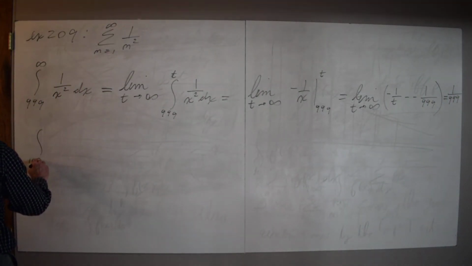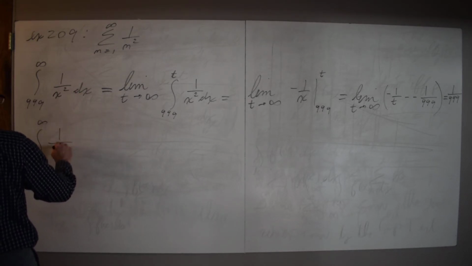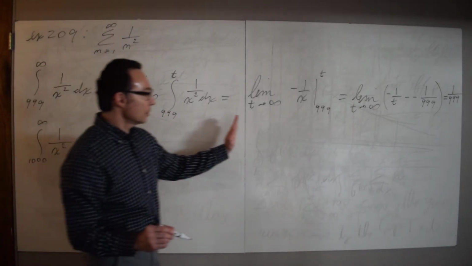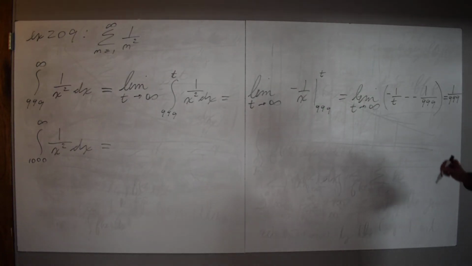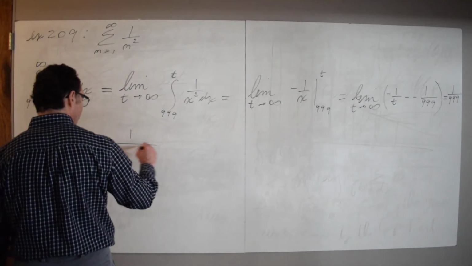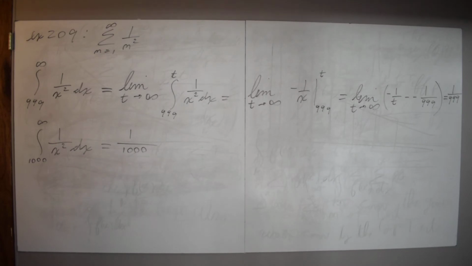The integral from 1000 to infinity of 1 over x squared dx, if you look at these steps here, what is the difference? We have 1 over 1000 instead of 1 over 999, so this integral is 1 divided by 1000.